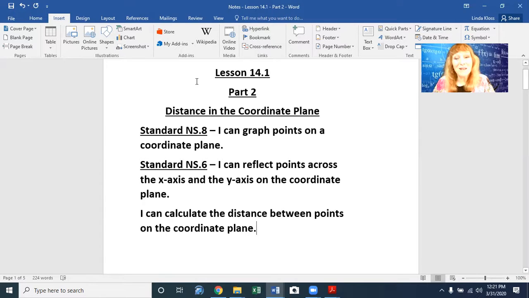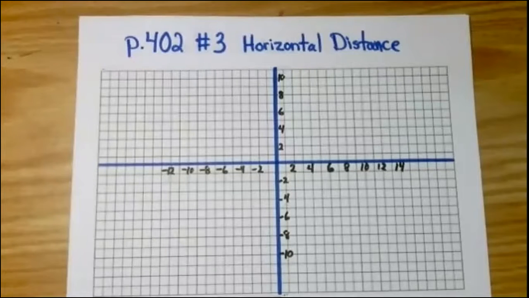So let's get started. Okay, we're going to be going over a problem from page 402. This is number 3, and then we're going to do an additional example. How to find horizontal distance. So we are going to plot 2 points.